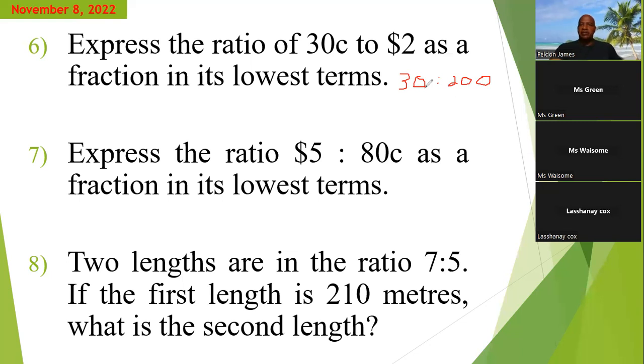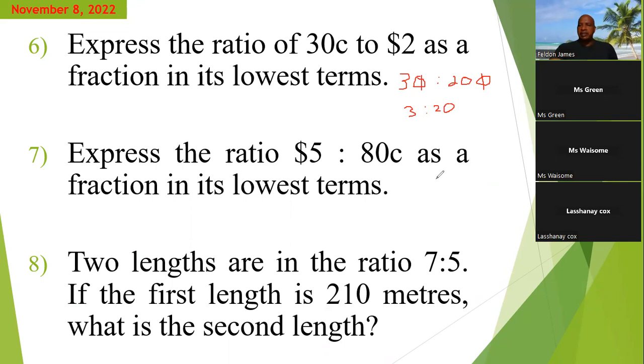Now, it should be obvious that both can be divided by 10, because you could cancel a 0 from the 30 with a 0 from the 200. And here you would have what? 3 to 20. And that would be the ratio simplified in its simplest form, or the lowest term.